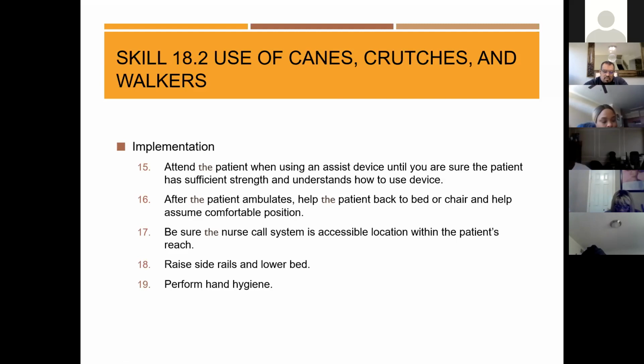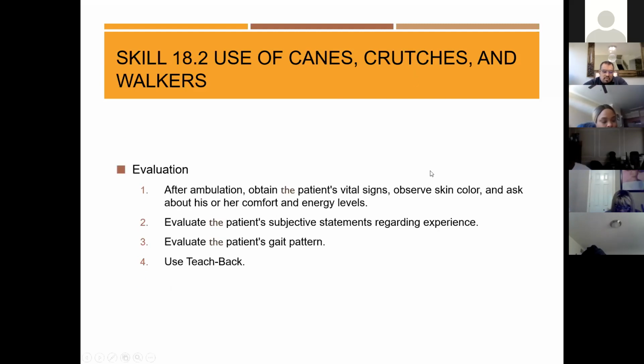Once your patient gets back in the bed, make sure that you are taking those vital signs, observing their skin color, making sure they're not pale or diaphoretic, making sure they're comfortable, not in pain, and checking their energy level, making sure they're not too fatigued, okay? Evaluate their subjective statements regarding the experience, all right?